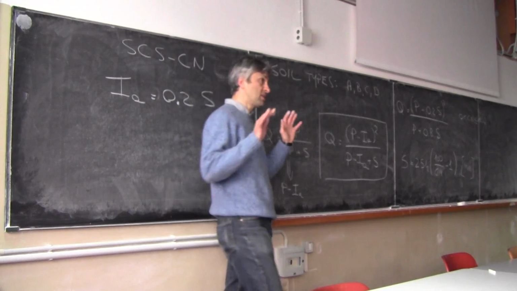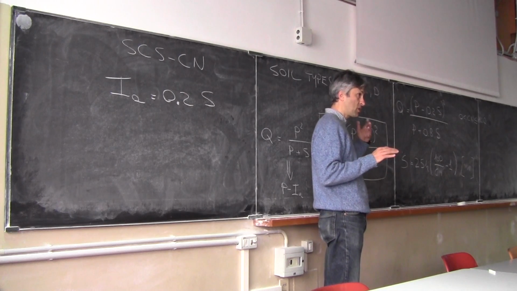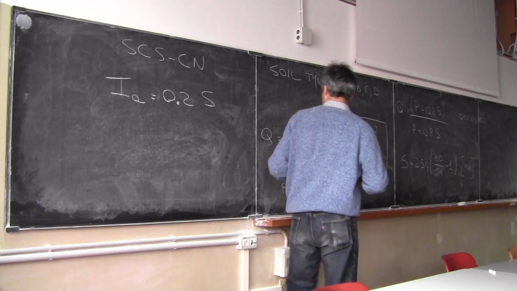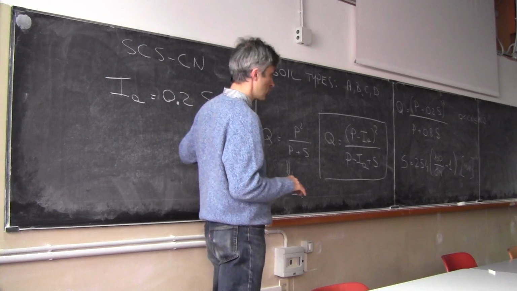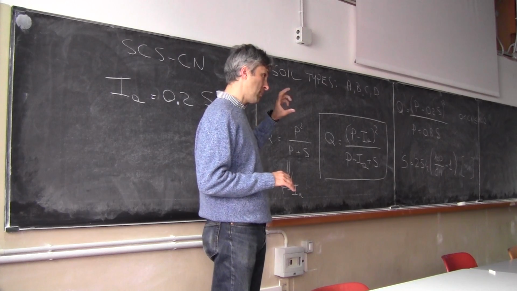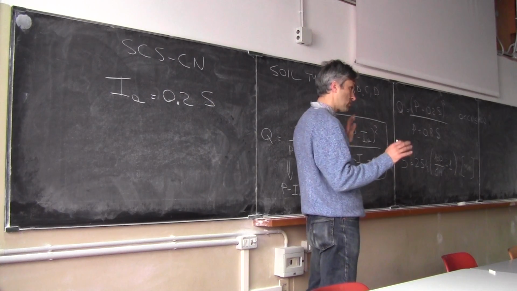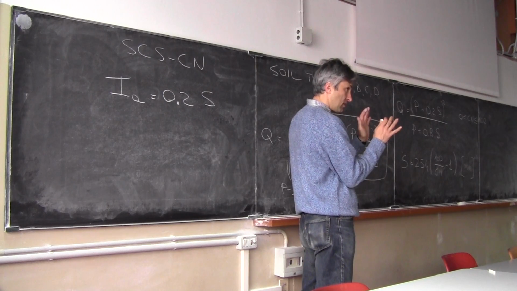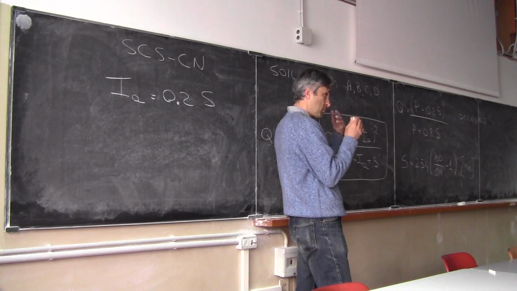However, in principle, it's very easy to modify this model to take evapotranspiration into account. What you should do is just change, I deleted the first equation, but you should change the value of F by allowing it to decrease depending on evapotranspiration. So you should go back to the first equation, and you should not eliminate F, keep it, and allow it to change in order to account for evapotranspiration.